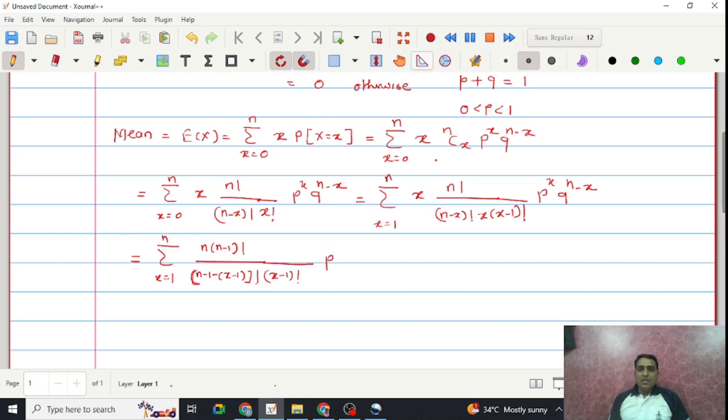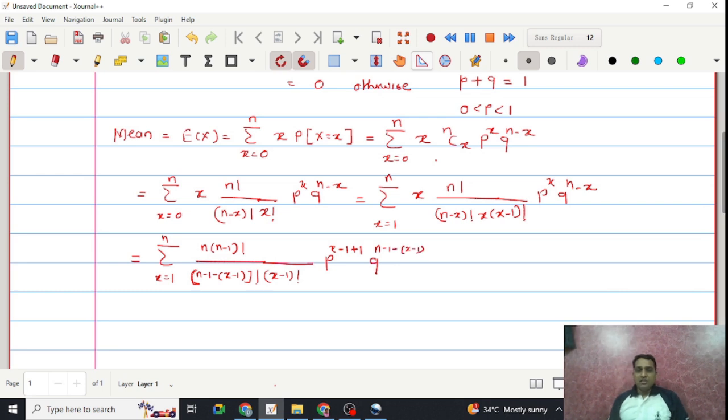p^x we write as p^(x minus 1 plus 1) to adjust the x minus 1, and q^(n minus x) is the same as q^((n minus 1) minus (x minus 1)).